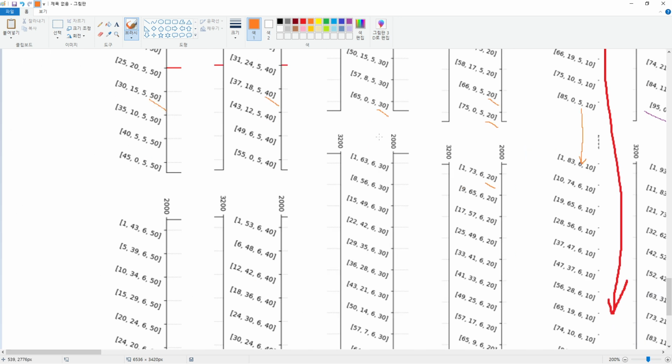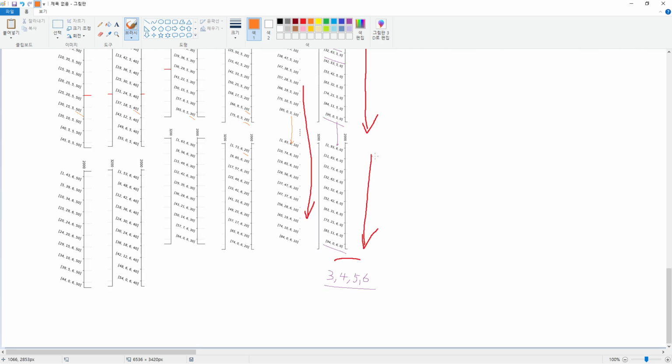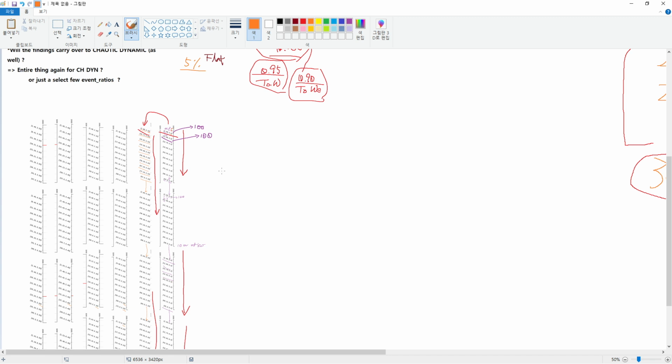Now this is how we have 240 event ratios that we can go through in order to do the grid search.